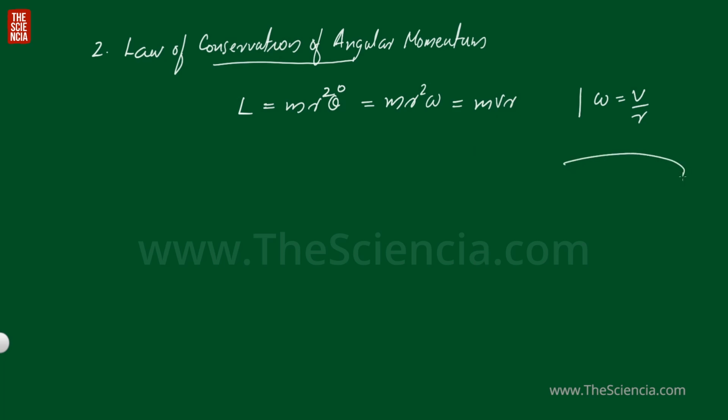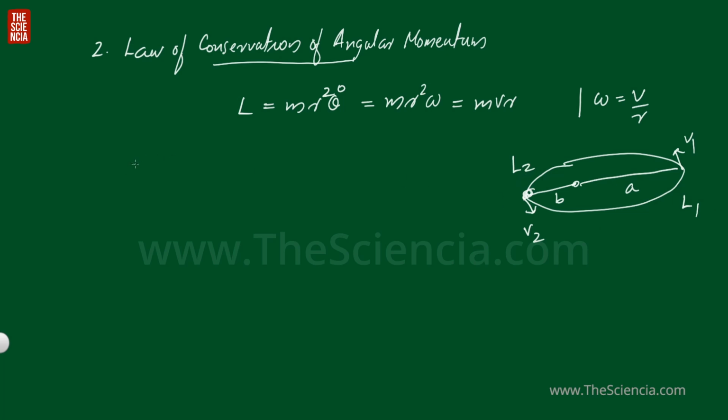I told you this is our elliptical orbit, and when the planet is at this position, it travels with the velocity v2, and this distance is b, and this distance is a, and the velocity is v1. So the angular momentum will be conserved, that is L1 will be equal to L2.